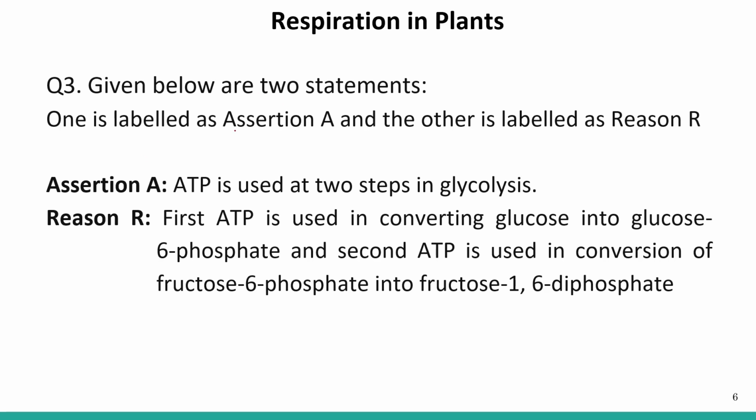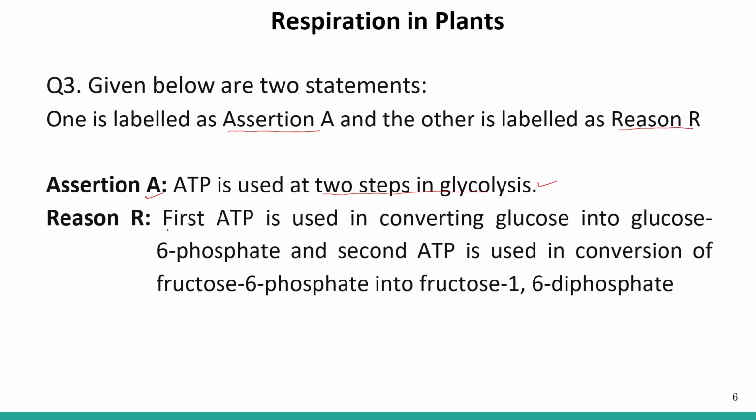The next question is, given below are two statements. Okay, one is labeled as assertion A and the other is labeled as reason R. Okay, so let's start with the assertion. So here they are saying ATP is used at 2 steps in glycolysis. Okay, so this is true. Yes, this is true.